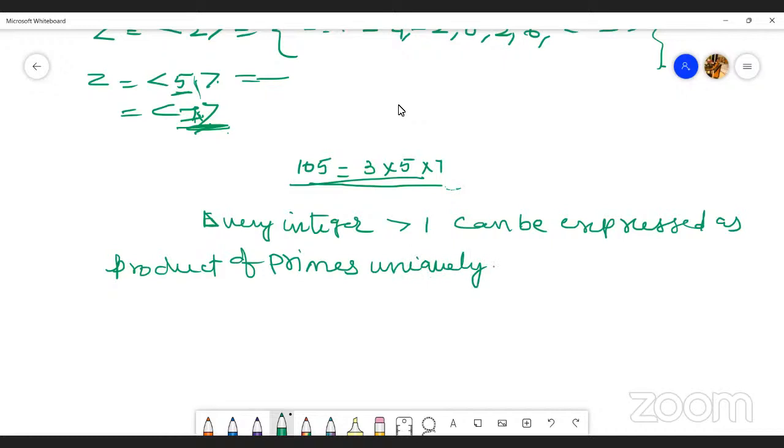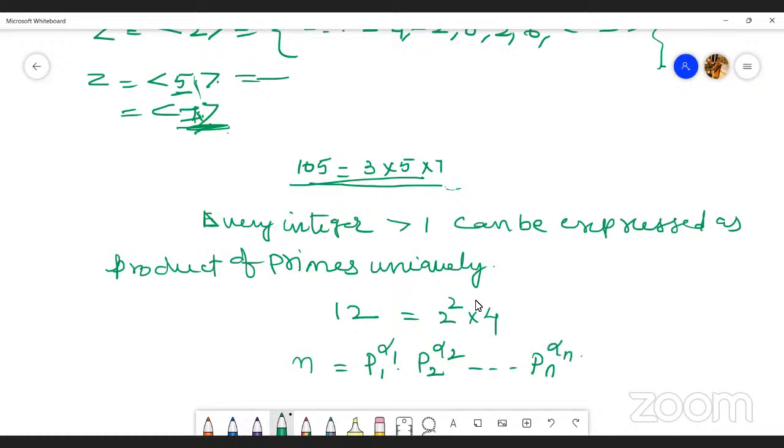So 105 is 3 into 5 into 7. If I take 12, it can be written as 2 squared into 3. You can write only powers. In general, n can be written as p1 power alpha 1 into p2 power alpha 2, and so on, up to pn power alpha n.